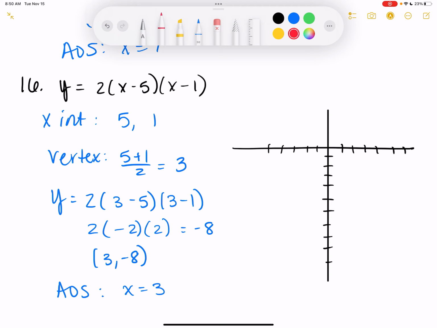So I've got my axis of symmetry at x equals 3, so I'm going to have a dotted line there. My vertex is at (3, -8).